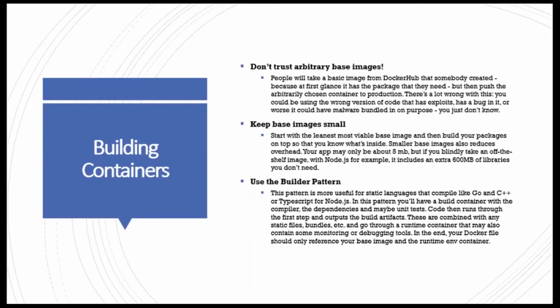Basically you build the application outside of the actual application container, and once the binary image is created, just copy the binary into the container and host it. Don't keep the build source code in the container, or do those kinds of steps here. So this is to use the builder pattern.